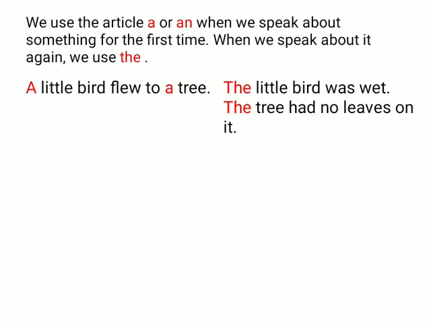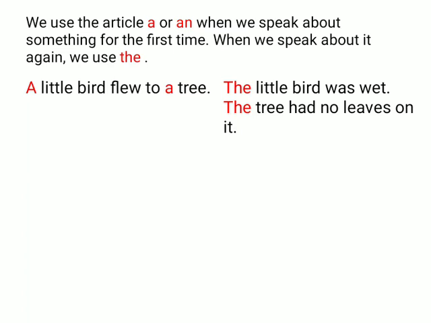The little bird was wet. In this example too, we have used the article the. Why? Because when we speak about it again, we use the article the, as you will see that the word little bird has been repeated here again. So we have used the article the here.